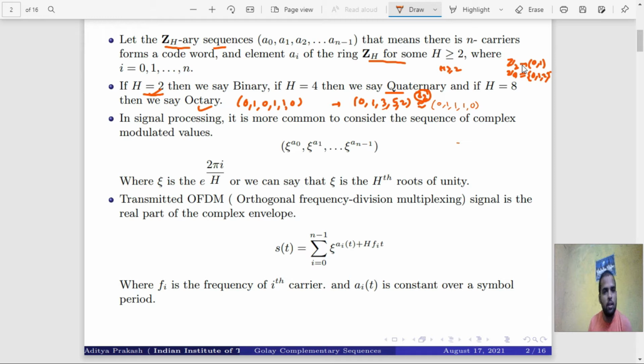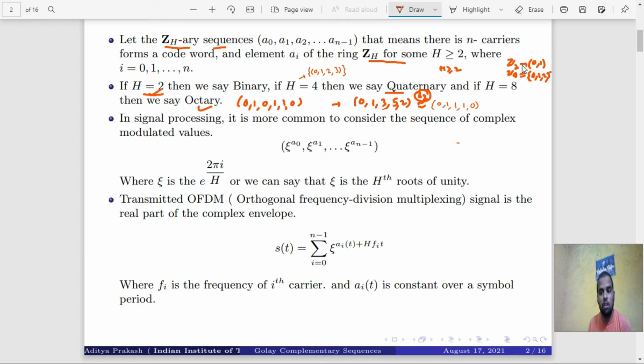So it depends upon h. If h is equal to 2, there are only two elements, 0 and 1, and every element of the sequence is only 0 or 1. If we take h equal to 4, the sequence will be in the form of 0 1 2 and 3.